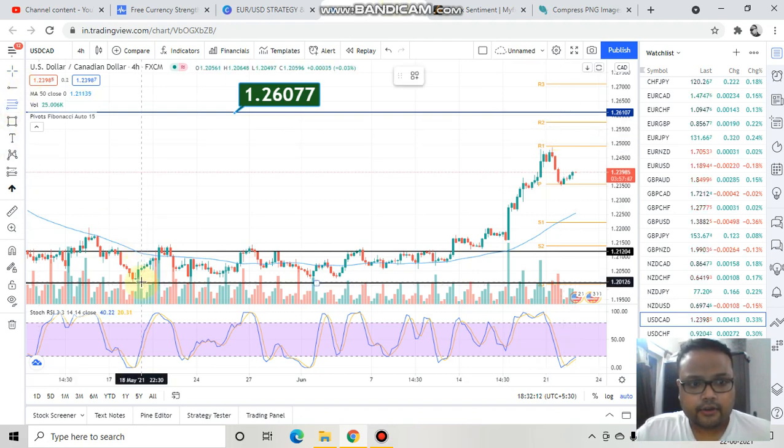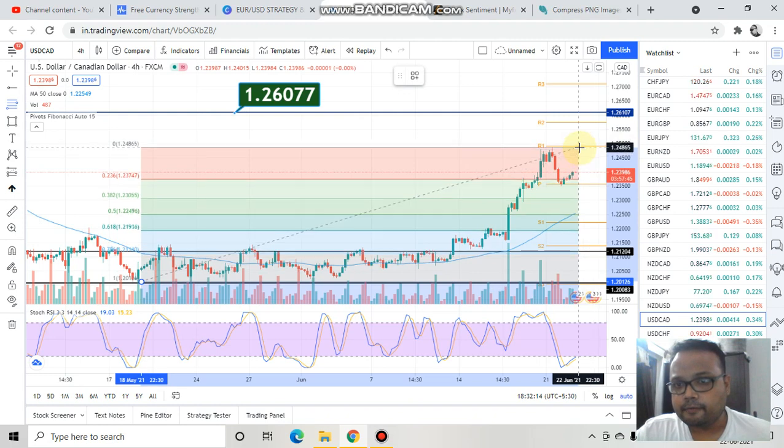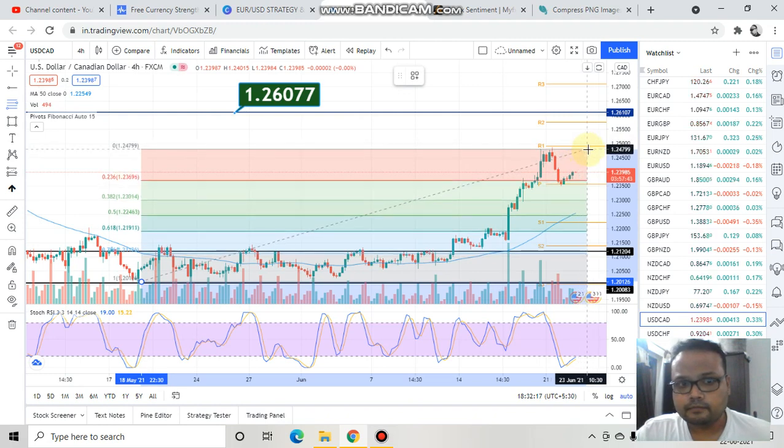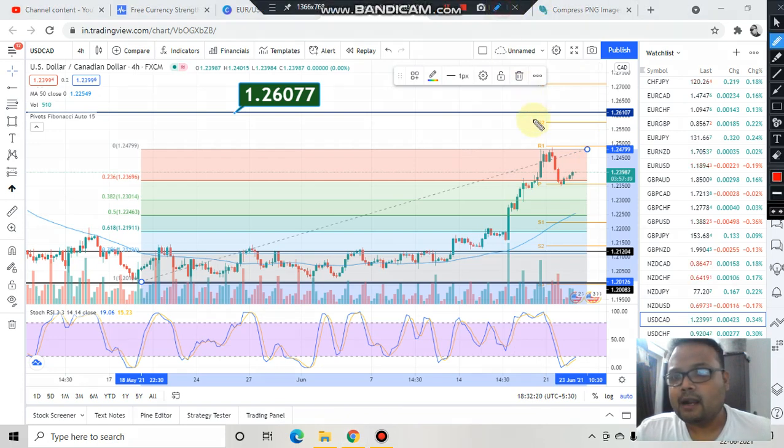And if we draw a Fibonacci level here, you can see that the market, after hitting this particular level while going down, just reversed from the Fibonacci level. So instead of a trend reversal, this is just a retracement.